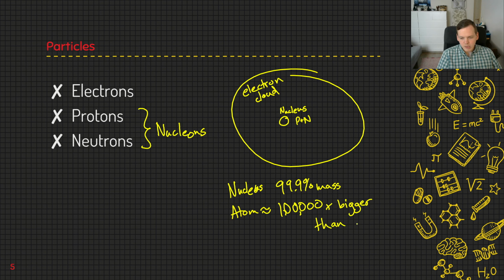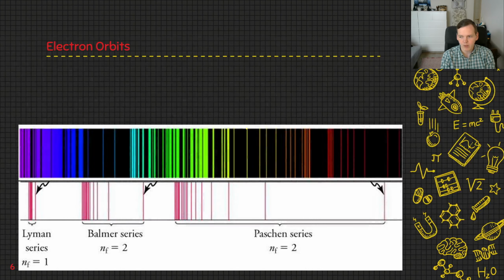If you had a ping pong ball as your nucleus, and you wanted to scale up the atom to that size, this electron cloud would be like a kilometer out from there. So the nucleus is absolutely tiny, but has almost all the mass. It's just something to be aware of as we go forward.